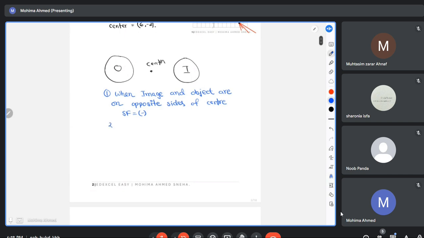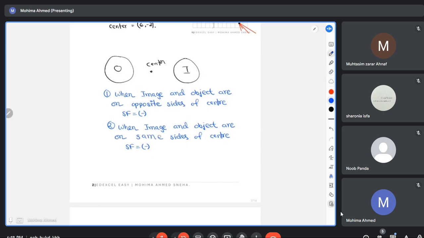And the opposite of this will be when image and object are on the same side of the center, scale factor would be positive, right? So I'll just copy this same statement. When image and object are on the same side of the center, scale factor is positive. This is a very important thing. This is also written in your formula booklet.